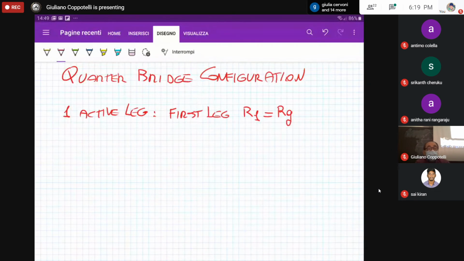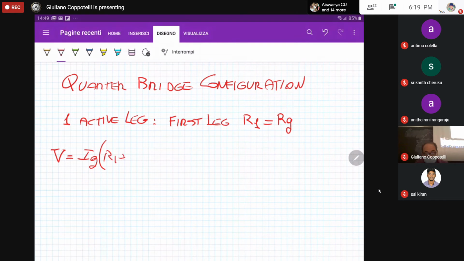Now, let's focus on that. Quarter bridge configuration, that is just one active leg. By definition, the only active leg is the leg corresponding to resistance number 1 in your Wheatstone bridge configuration. And for that, R1 is equal to Rg. If you remember, the input tension V is equal to the current flowing in one part, I1, I call it Ig, that is the current that is flowing into the strain gauge, times R1 plus R2.